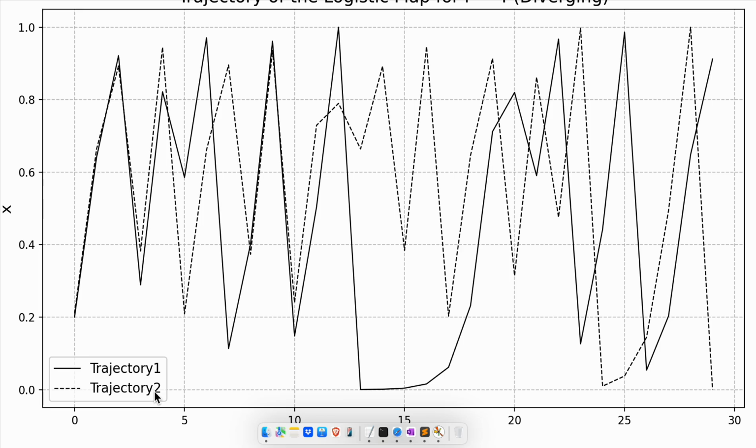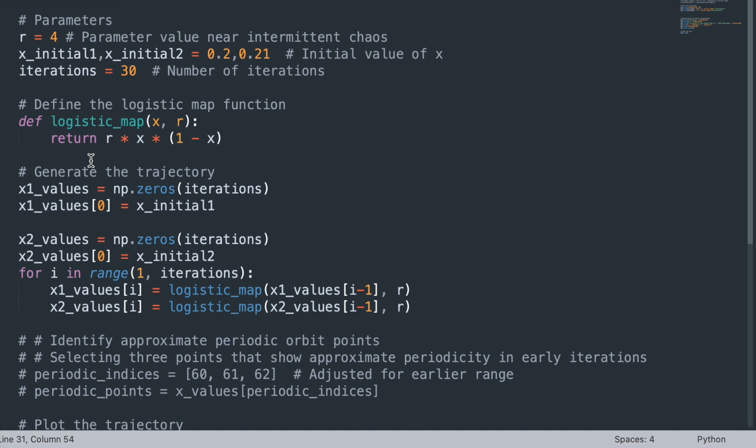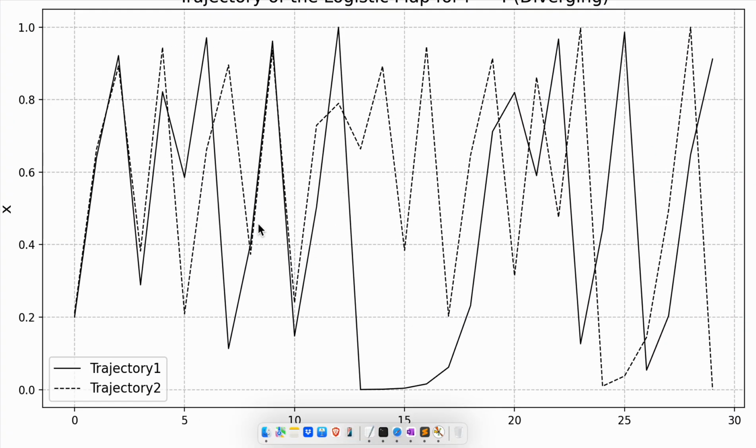These initial conditions are close to each other, only 0.01 apart: one is 0.2, one is 0.21. They remain close only for the first time period. Then they differ from each other, and after some time you cannot predict.